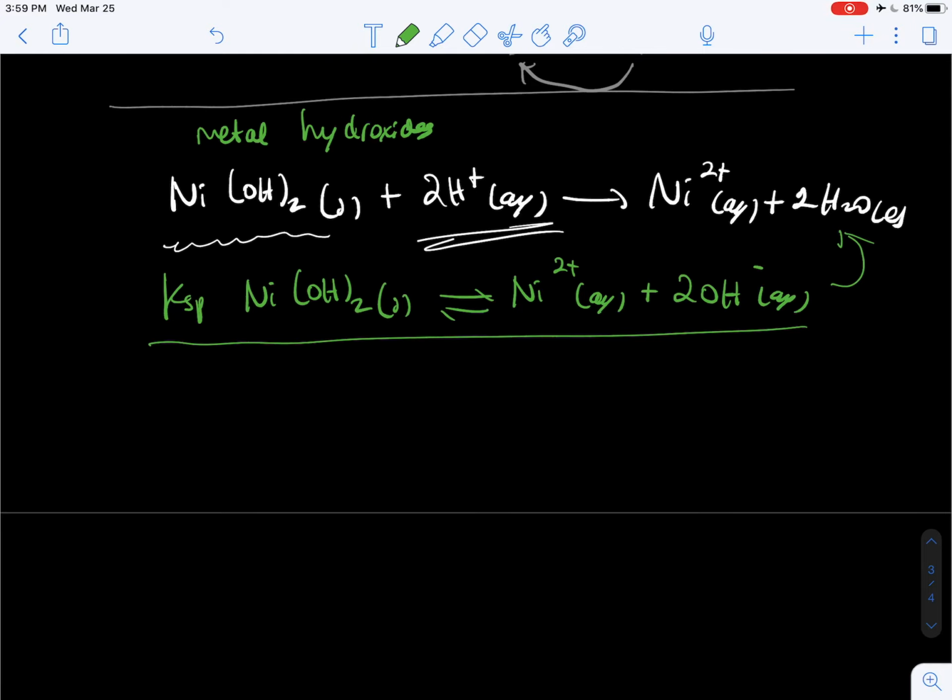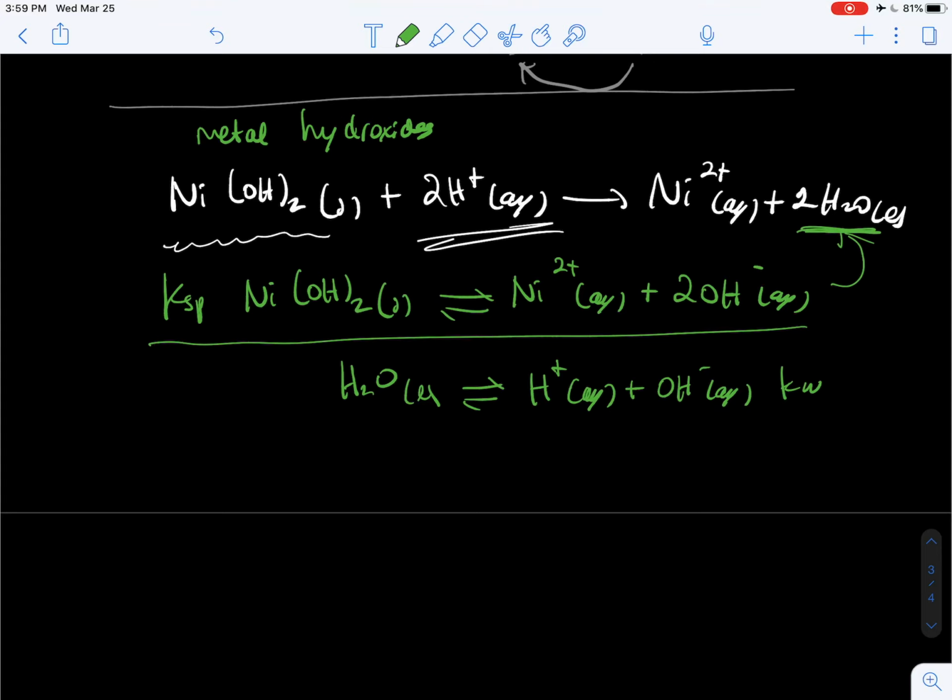One thing we could do is write out the Kw for water. So H2O, which is a liquid, is in equilibrium with H plus aqueous and hydroxide. Okay, and that has a value of Kw.